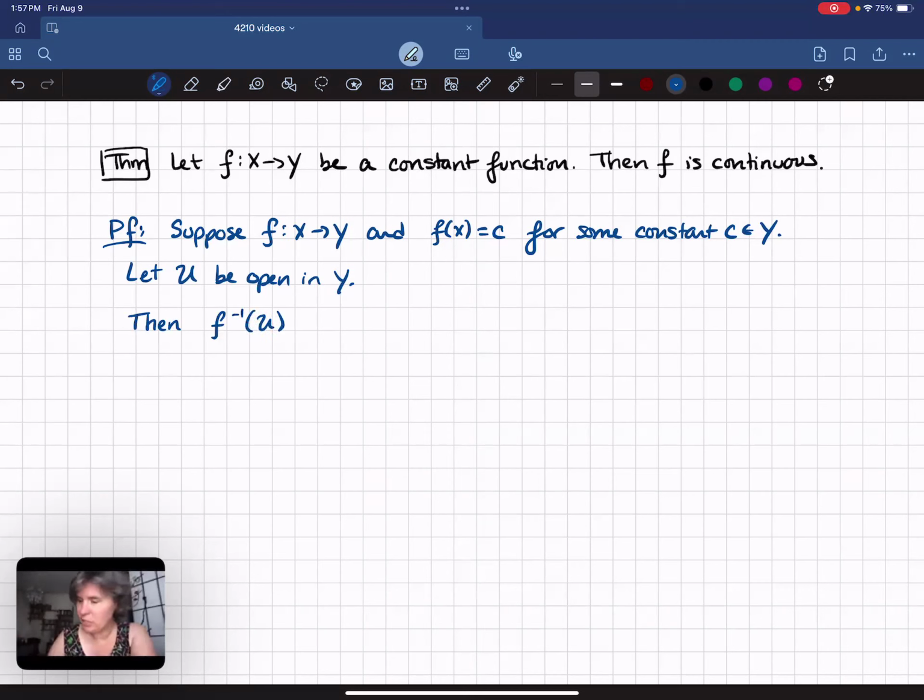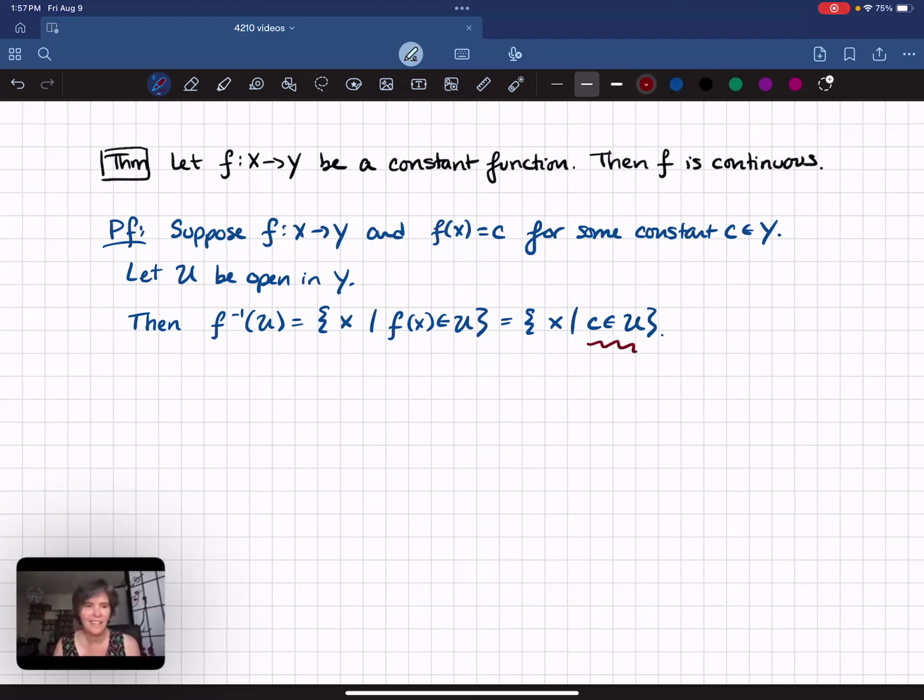Well, by definition, f inverse of u is the set of all x such that f of x is in u, which is the set of all x such that c is in u. It's interesting because there's no x in this condition right here.